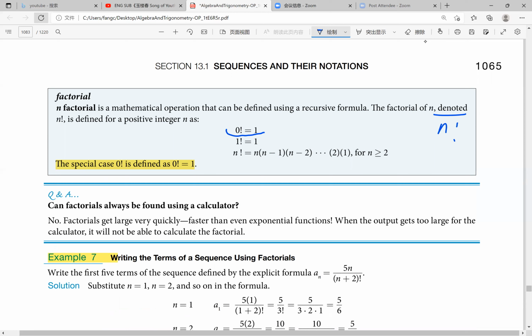That is something we need to memorize and something defined. And 1 factorial is 1, and n factorial is n times n minus 1, down to 1. The special case, 0 factorial, is very important. 0 factorial is not equal to 0. It is equal to 1.